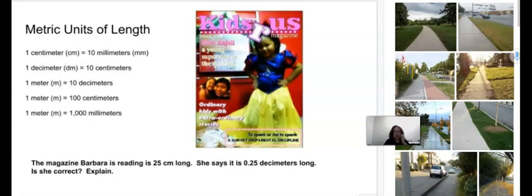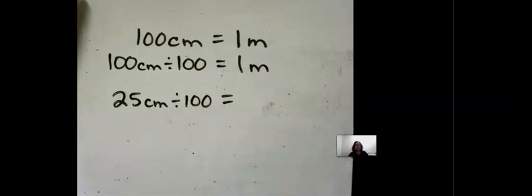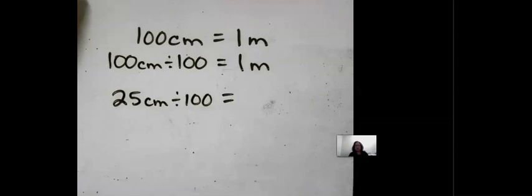All right. Last one for now. The magazine Barbara is reading is 25 centimeters long. She says it is 25 hundredths decimeters long. Is she correct? Explain. Okay, so we know that 100 centimeters is in 1 meter. 100 divided by 100 is 1 whole.